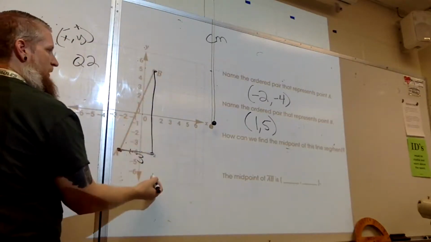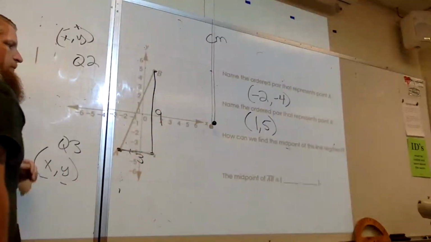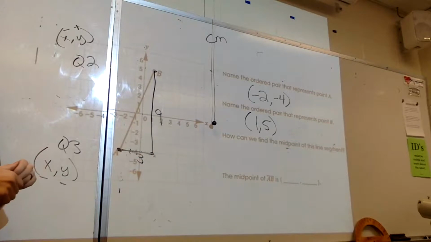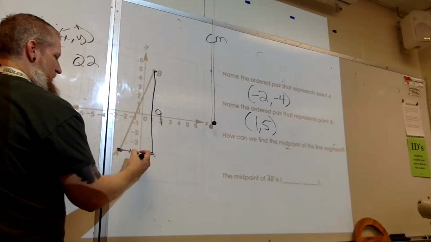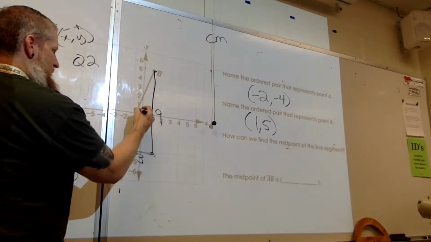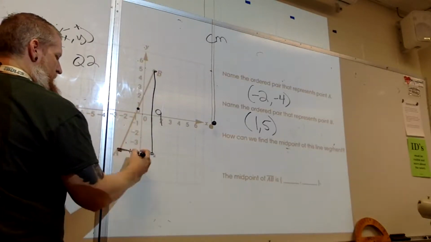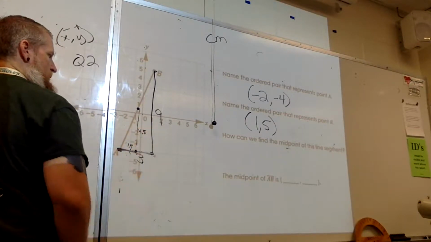And to go up, I have to go 9. So if I want to hit somewhere in the middle, I have to cut those in half. So I go 1.5 over and then 4.5 up, which should be right here, maybe. If I take half those 2 distances, I will get to the midpoint.